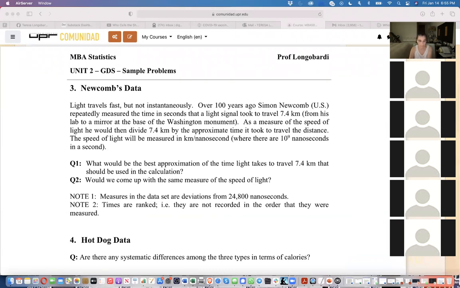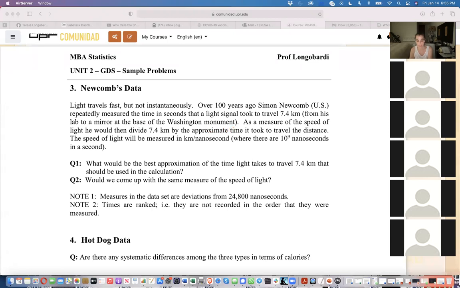Light travels fast, but not instantaneously. Over 100 years ago, Simon Newcomb repeatedly measured the time in seconds that a light signal took to travel 7.4 kilometers from his lab to a mirror at the base of the Washington Monument.